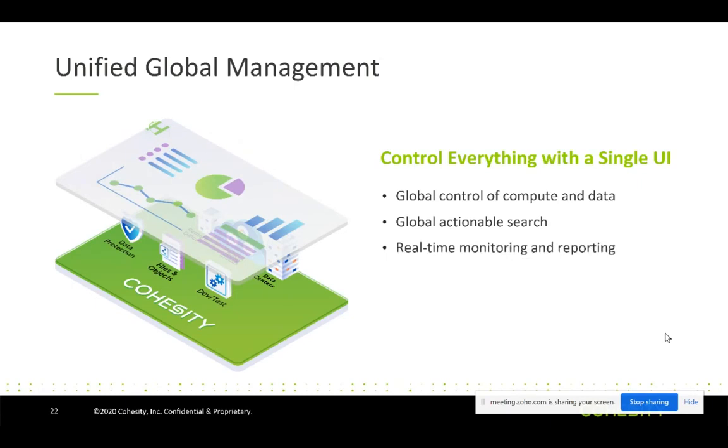And Helios also gives real-time monitoring and reporting across all the data centers, again. So you can see the trends, for example, on the capacity. You can do capacity management and planning out of Helios.